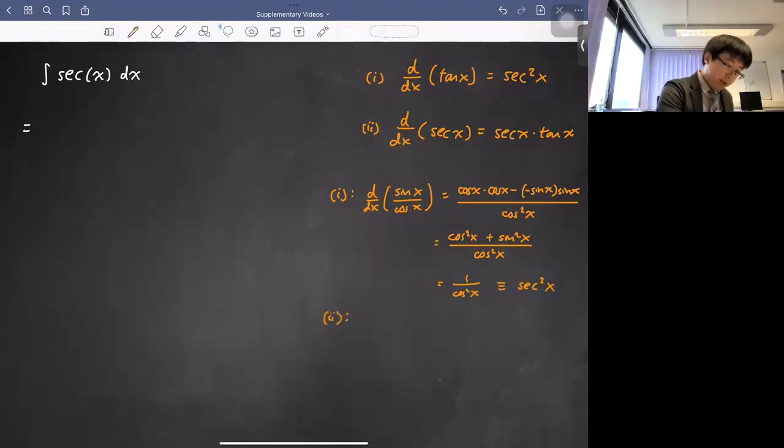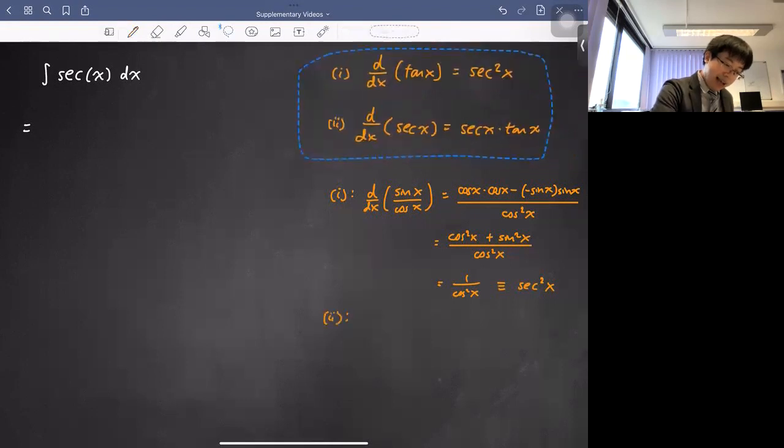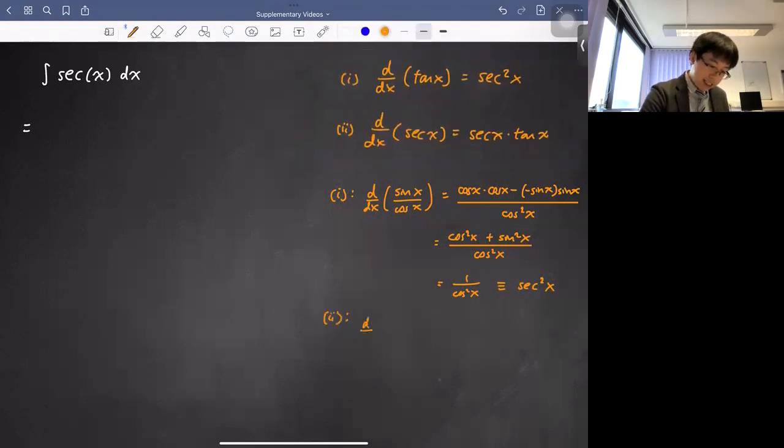Number 2, the derivative of secant x, is very similar. We write this as cosine x to the power of -1, so we can use the chain rule. Be careful, this is not the same as cosine inverse x; notation-wise, the inverse means arc cosine. Personally, I always write arc cosine x instead of something confusing like this, but we'll stick with this for now.